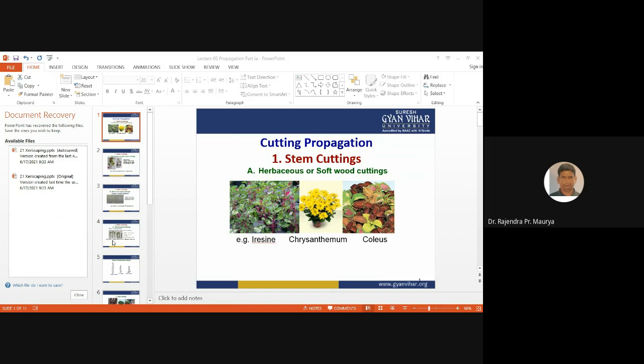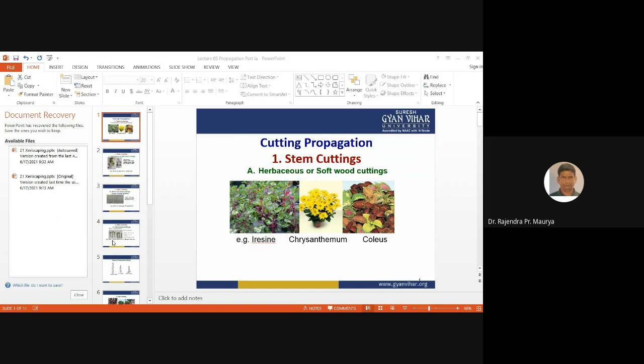by the process of photosynthesis, food material is manufactured by the leaves, and that food material is transported through the phloem from the leaves to the tree stem, tree trunk, or roots, and will be stored there.